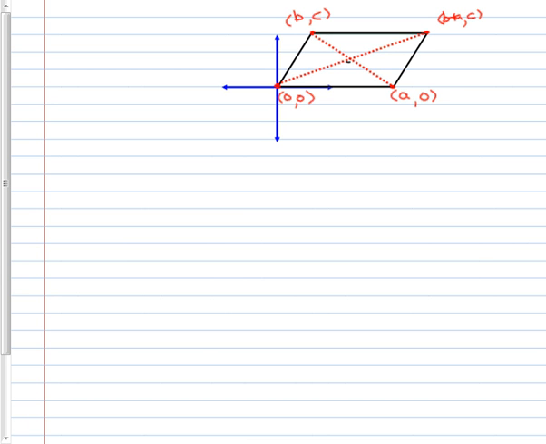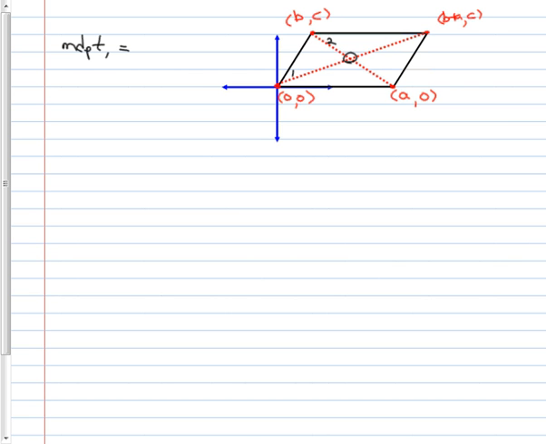Again, we are trying to figure out, when I do these two diagonals, do I get the same midpoint? So maybe for ease of showing what we're doing, I'm going to call that diagonal 1, and I'm going to call this diagonal 2. So we are going to find the midpoint of diagonal 1. That looks like slope when I just say M, doesn't it? Midpoint 1.